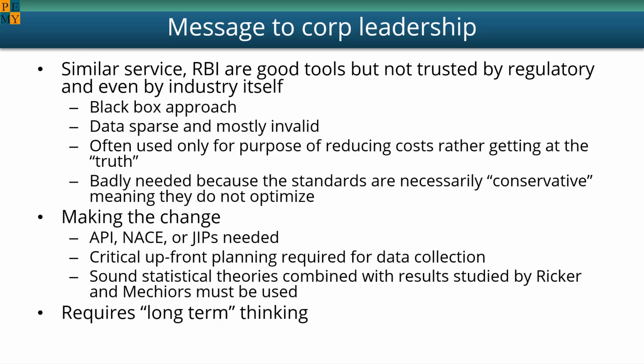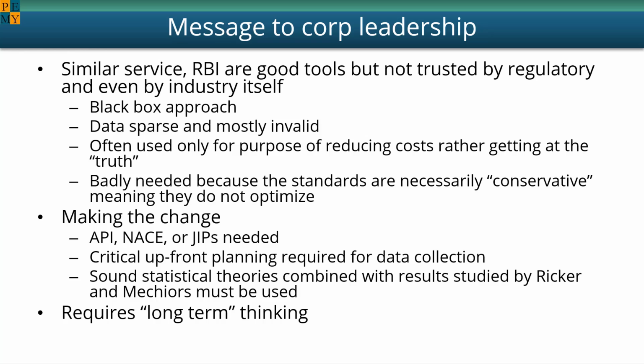Of course, in other cases, it may be that the interval decreases. Making this change is a huge one. It would take something on the order of a goal by API or NACE, or even a joint industry project to accomplish this. It requires critical upfront planning and data collection, and a long amount of time.